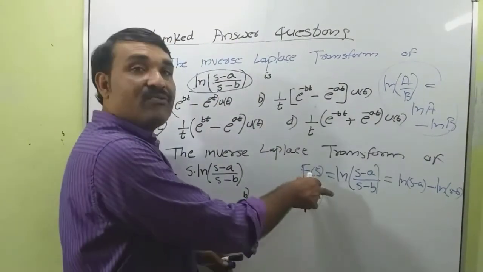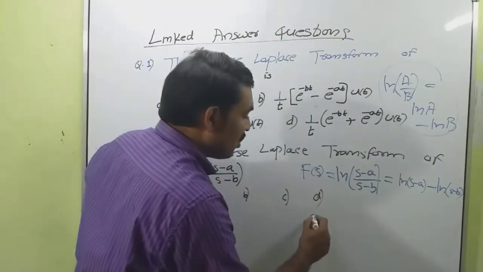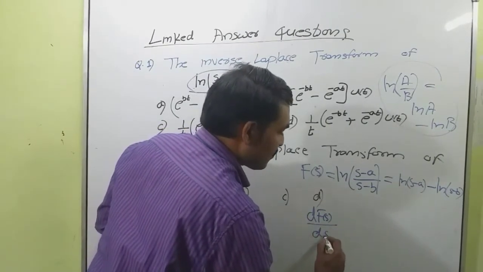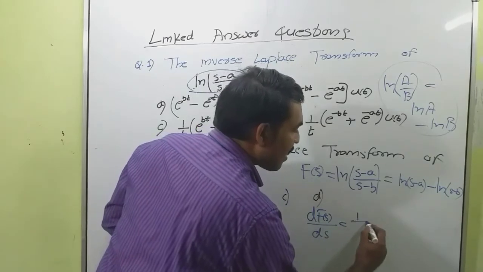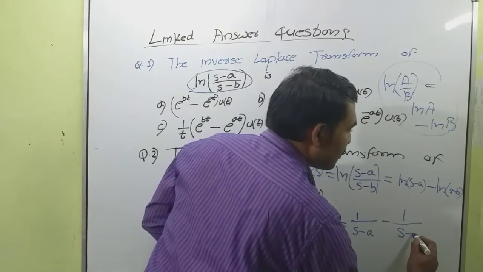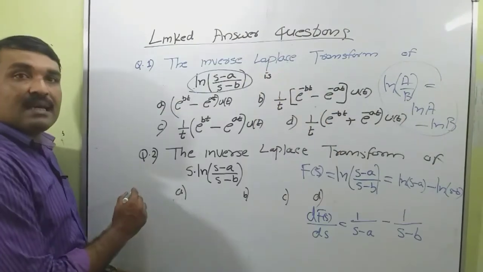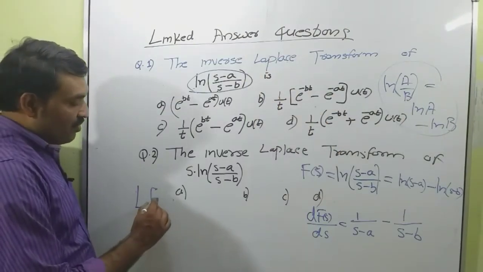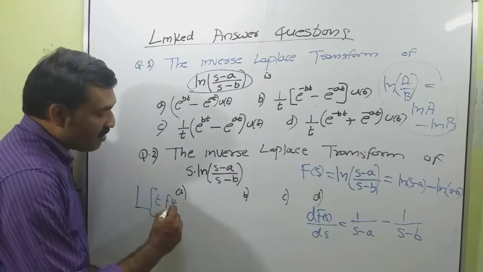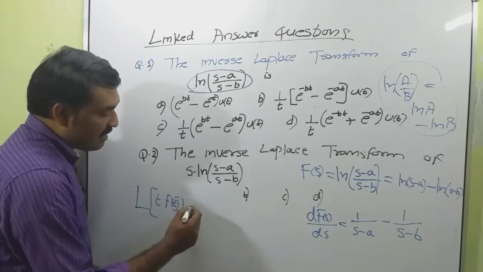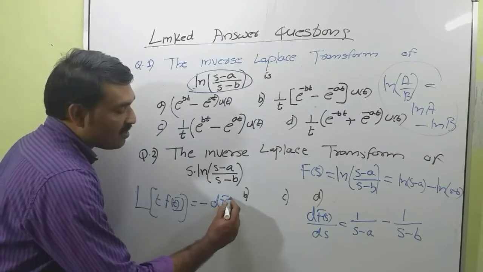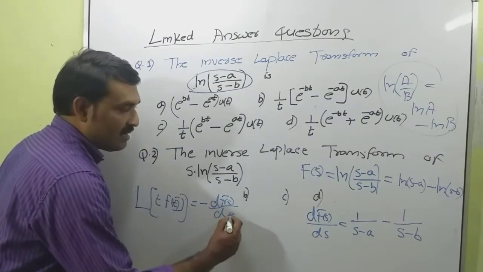Now I am going to differentiate F of s. So dF of s by ds is equal to 1 divided by s minus a minus 1 divided by s minus b. That is, the Laplace transform of f of t is F of s. Then t into f of t is equal to minus dF of s by ds.